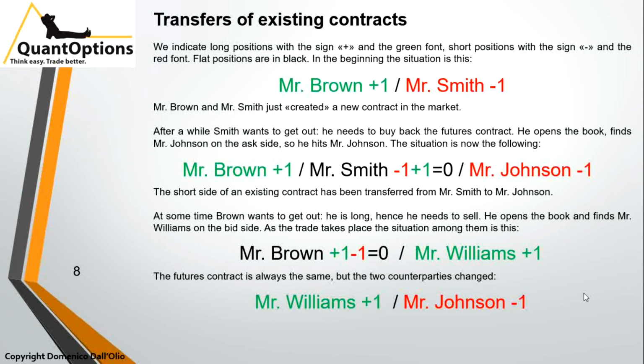No longer positions opened. Mr. Williams is now +1, green. So the futures contract is always the same, but the two counterparties changed. Now we have Mr. Williams on the long side, +1, green, and Mr. Johnson on the sell side, -1, red.